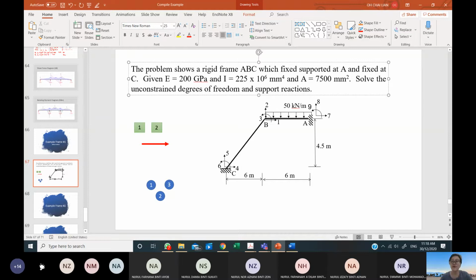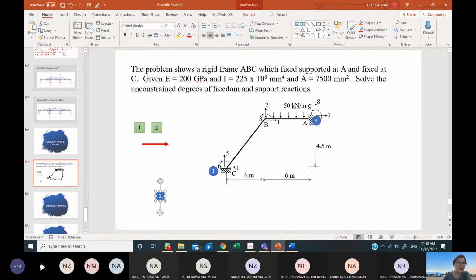For this problem, we need to assign the nodes and the elements to the frame. We are going to divide the whole system into finite elements, but because of our limitation in manual calculation, we put the minimum number of elements. You can put the nodes at your supports: node number 1, and node number 3.